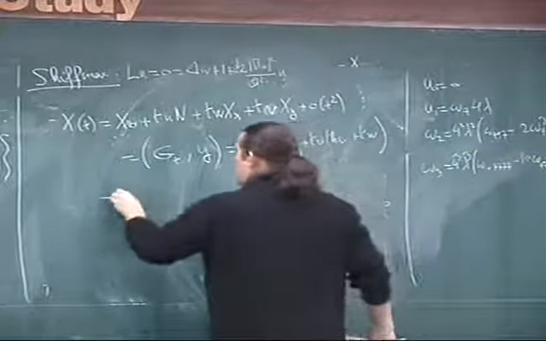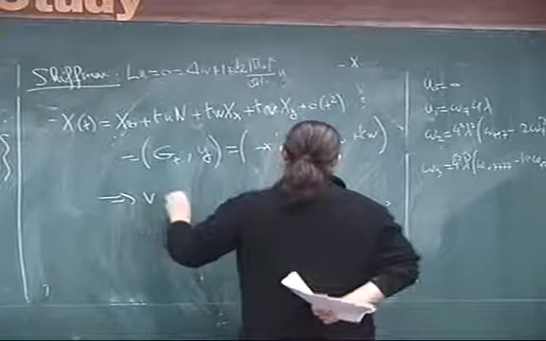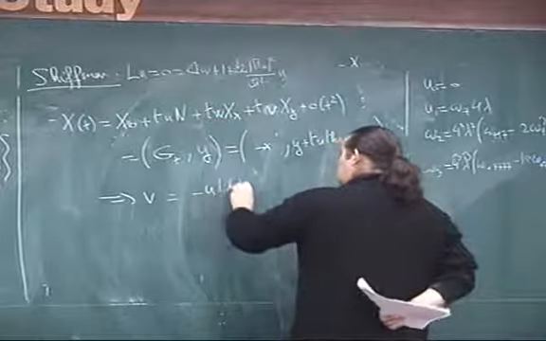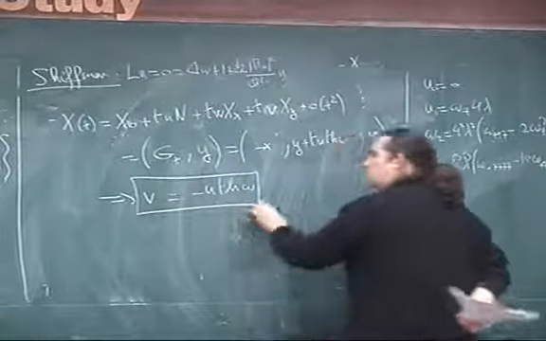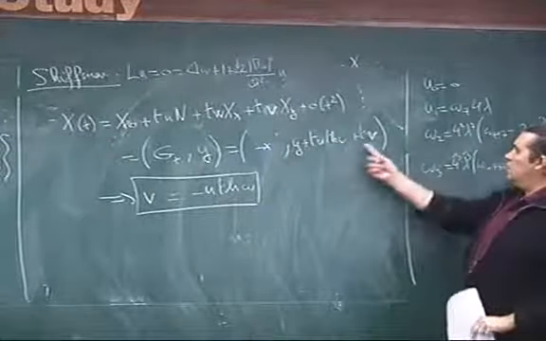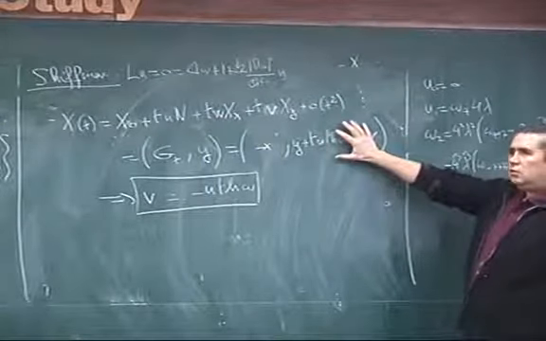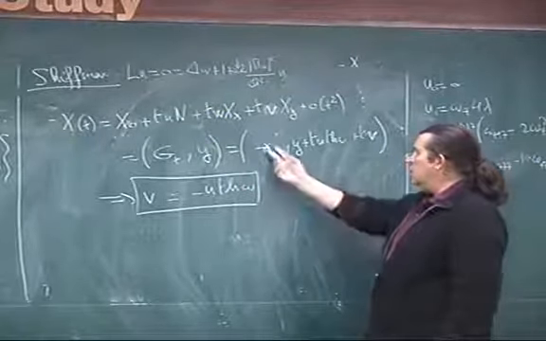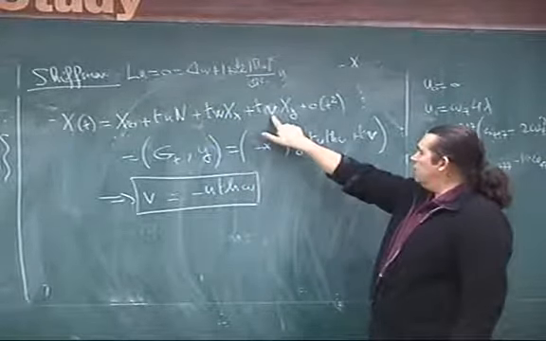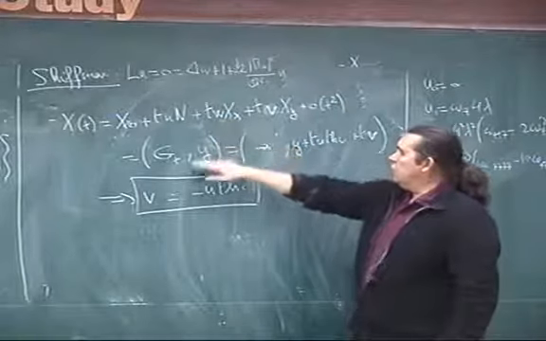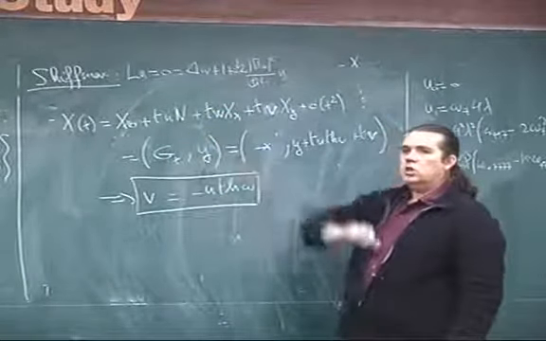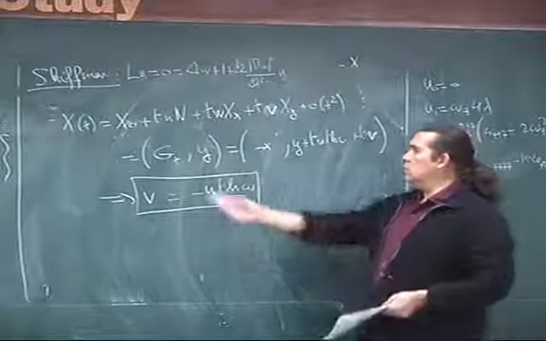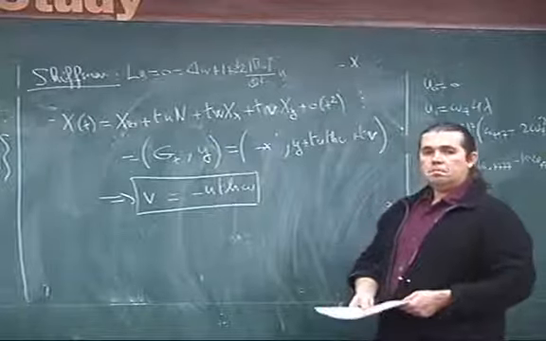Then v is minus u tangent omega first. Then if I cancel this at the first order, I have a lot of chance to preserve the third coordinate at the first order. And then I put v. And now I will compute what is the change in the metric.